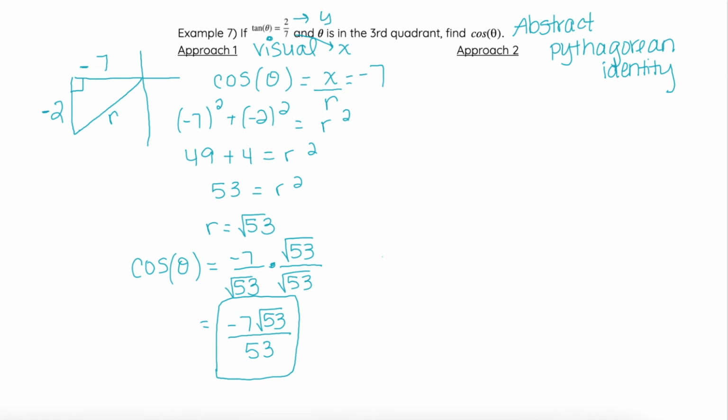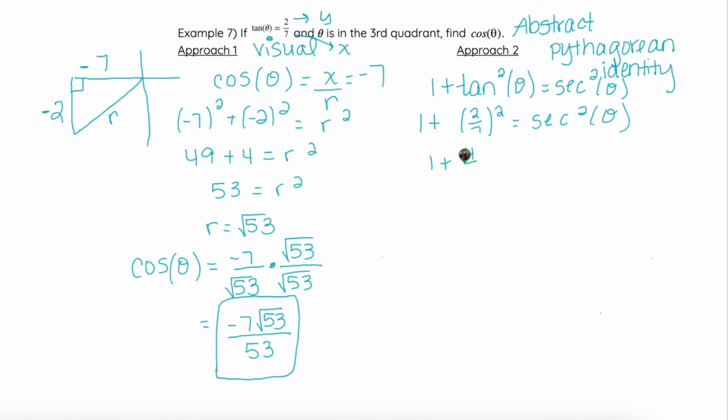And the one I'm specifically going to utilize, because I know secant is the reciprocal of cosine, and cosine is what we need, I'm going to utilize 1 plus tangent squared of theta equals secant squared of theta, because tangent is what we have. I know that tangent is 2/7, so 1 plus (2/7) squared equals secant squared, or 1 plus 4/49 equals secant squared.